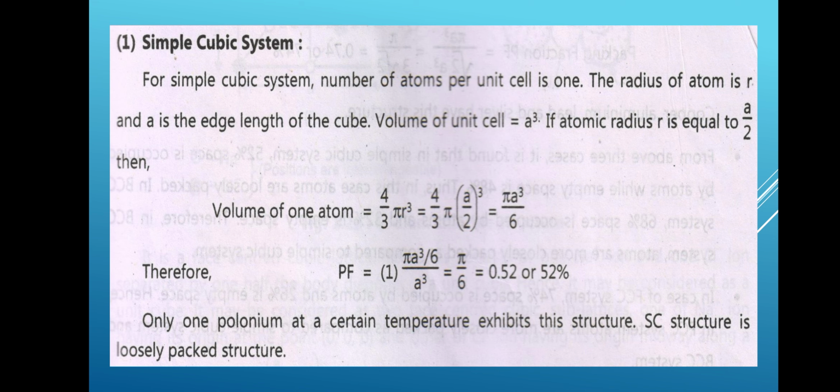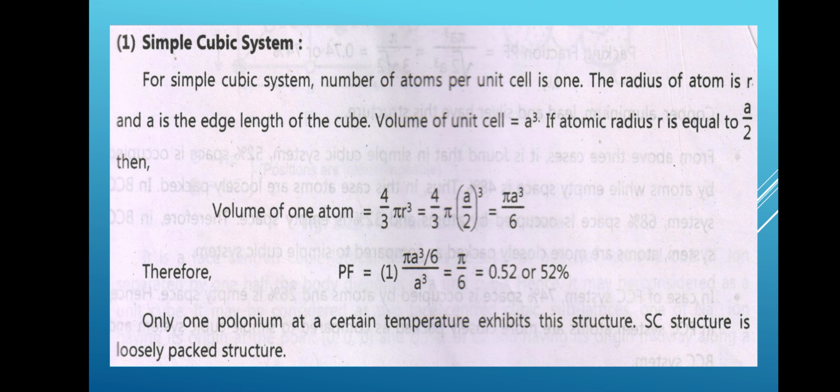Therefore packing fraction is equal to 1, which is number of atoms per unit cell, into pi a cube divided by 6, which is volume of one atom, divided by a cube, which is volume of unit cell, equal to pi by 6, which is 0.52 or 52%.